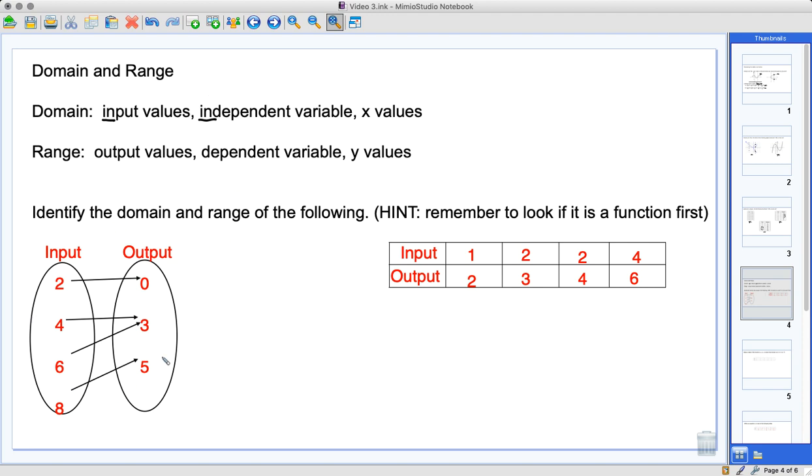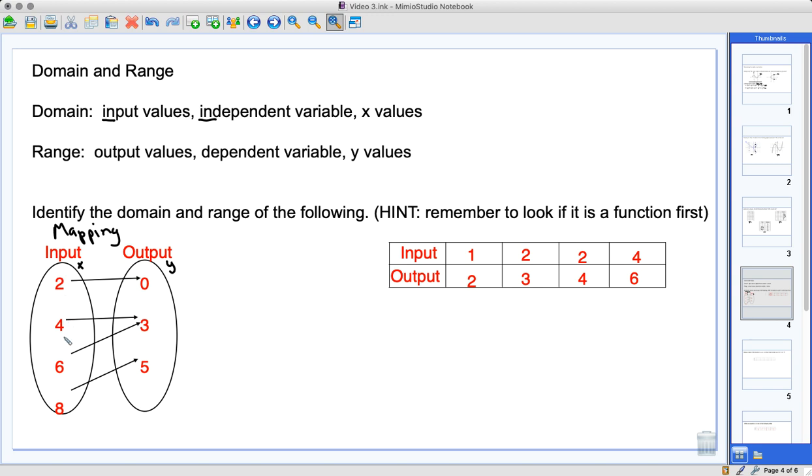So this first one, this is called a mapping. So it's just another way to show input and output values, just like a table or a series of points or a graph. Okay, so mapping, input, remember, that's my x value, that's my y value.